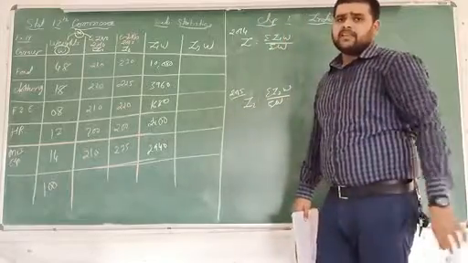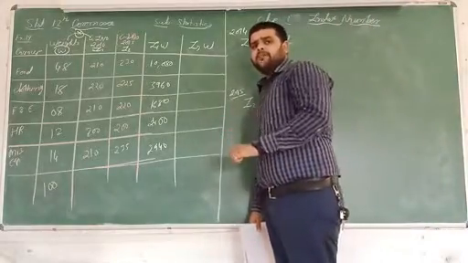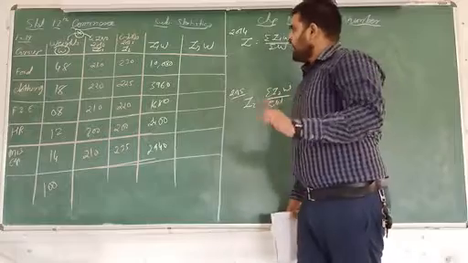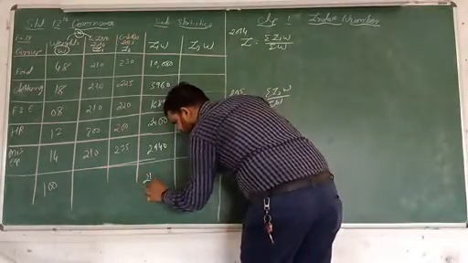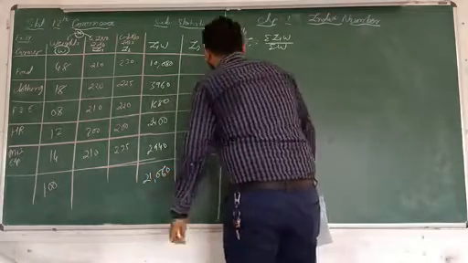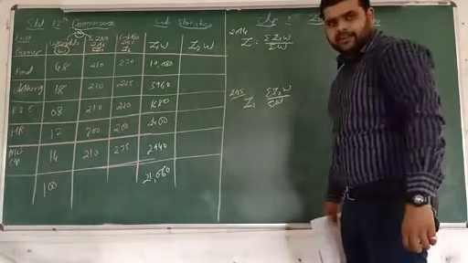You can do this with the help of a calculator. Now the total of it. So what is the total? 21,060. So this is the total for 2014.